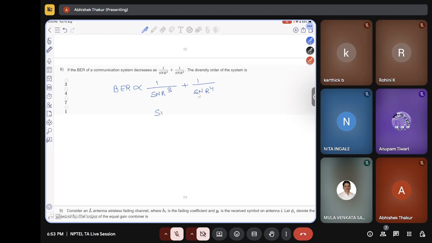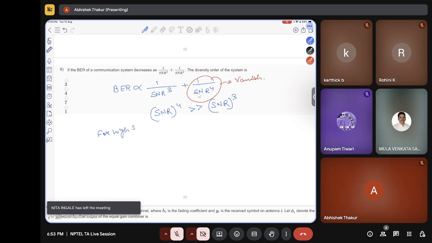As we know, signal to noise ratio to the power 4 is much greater than signal to noise ratio to the power 3. So this term will vanish for high SNR. For high SNR, we will have bit error rate directly proportional to 1 by SNR to the power of 3 only.